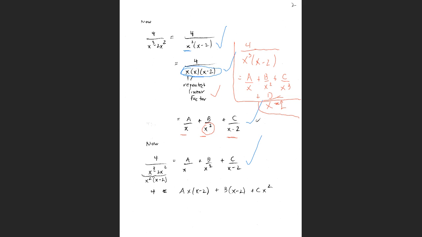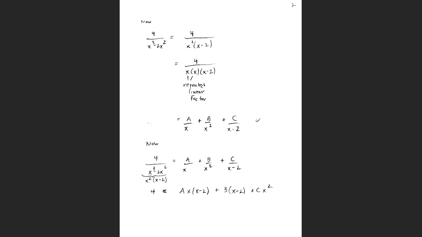Yeah, absolutely. If you had an x minus 2, hold on, I'll write it like this. Let's say you had 4 over, and I'll be right with you, Sophie, 4 over x squared times x minus 2 squared.